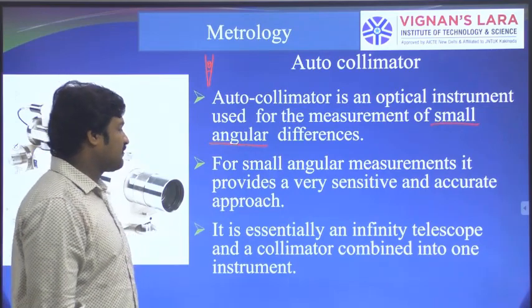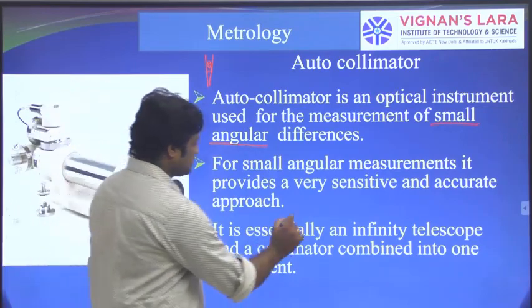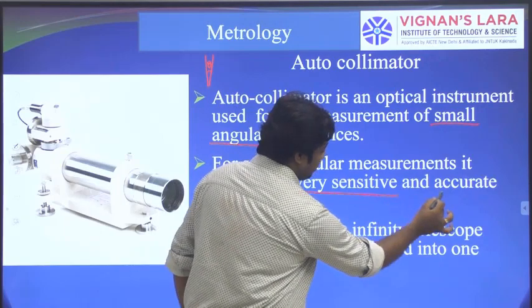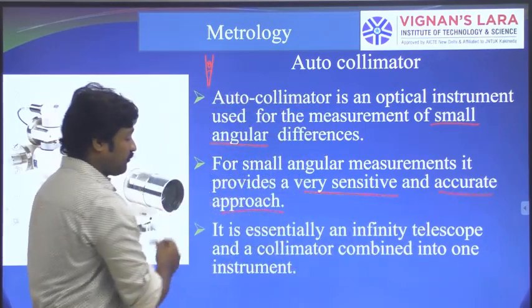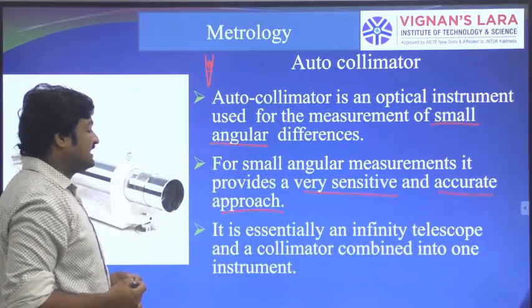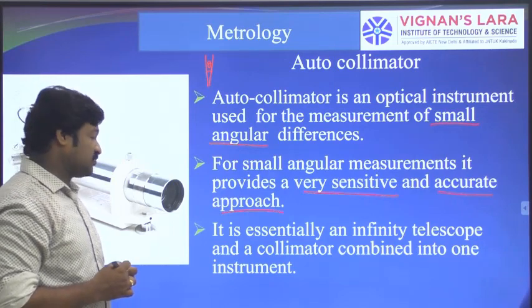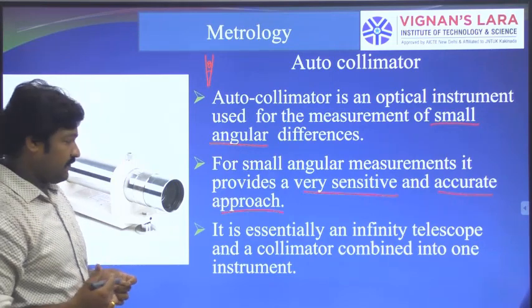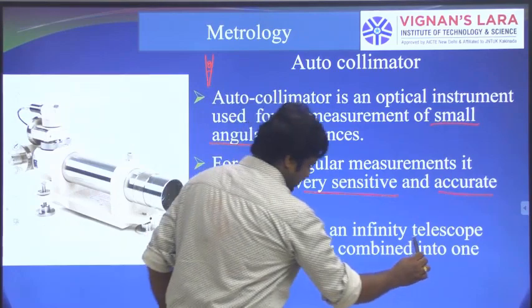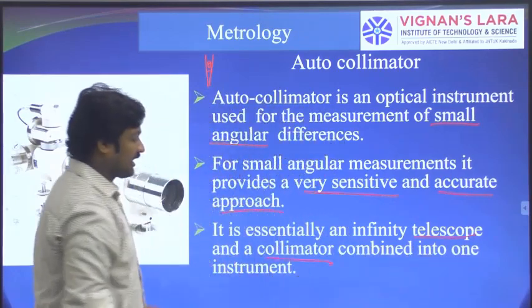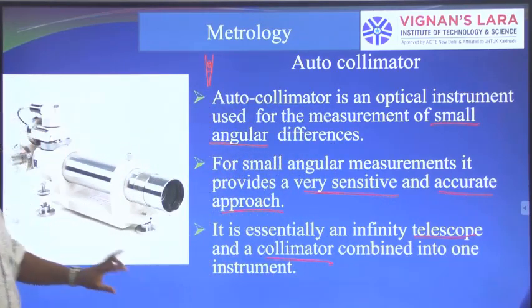For small angular measurement, it provides a very sensitive and accurate approach. It is essentially an infinity telescope and a collimator, a combination of telescope and collimator combined into one instrument. That instrument is called an autocollimator. This is the schematic of our autocollimator.